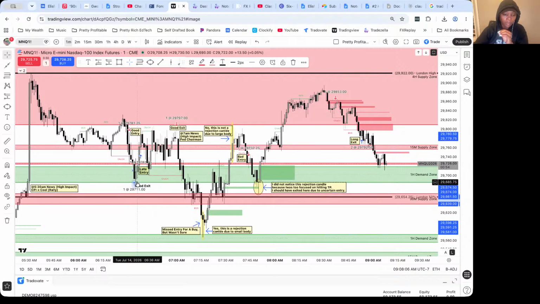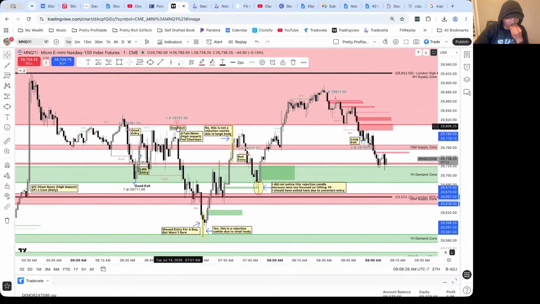Looking at it after the fact, this is technically still a rejection candle, whether it touches it or is in it, as long as it's not on the outside of it. Late entry, but still the right thought process.